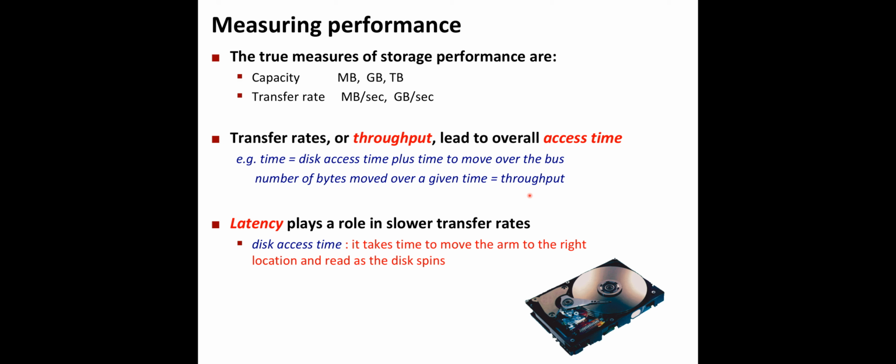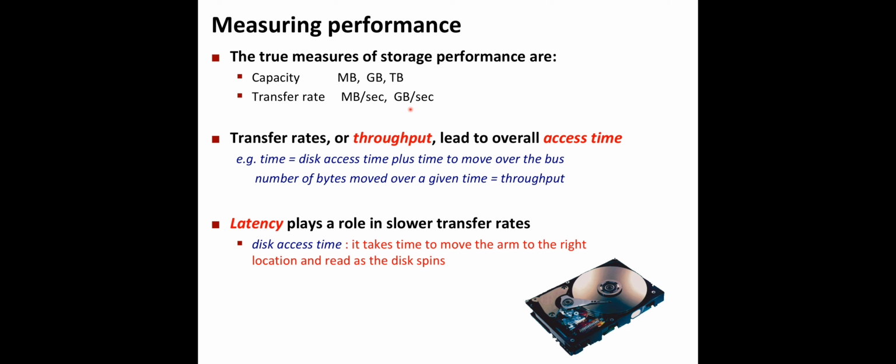One of the things that's worth thinking about is the transfer rate of this information. In this particular case with this technology, the time it takes to move the arm to the right location and wait for the disk to spin is called latency time. That affects the throughput. It affects how many, say, megabytes per second or gigabytes per second we can move data across that bus.